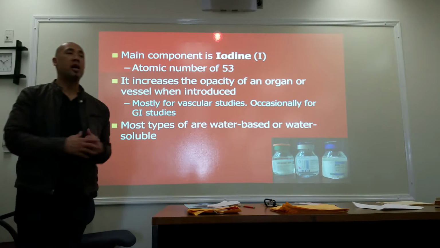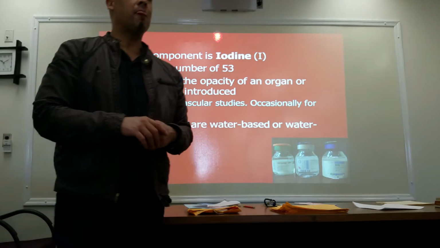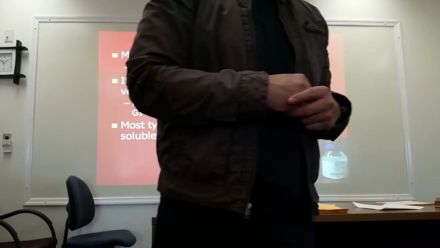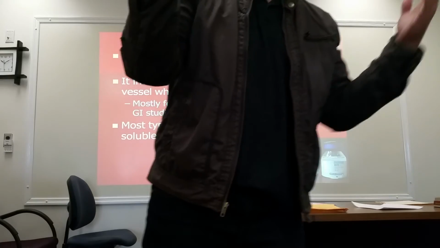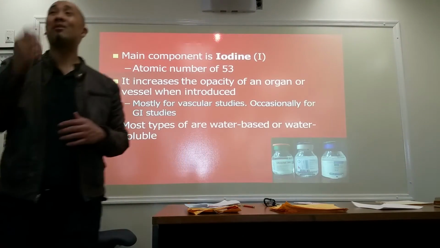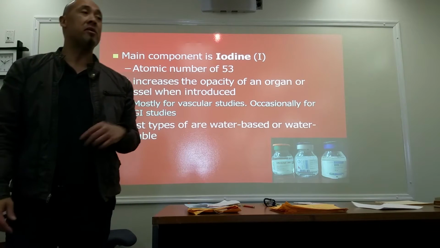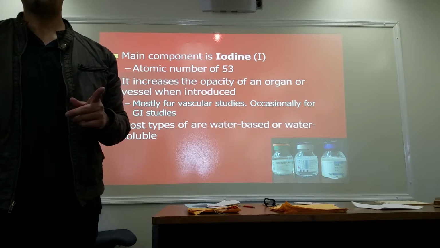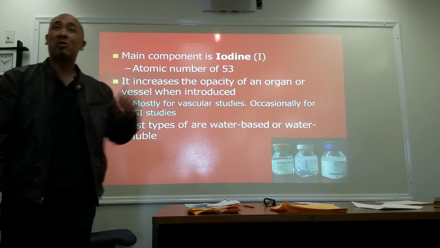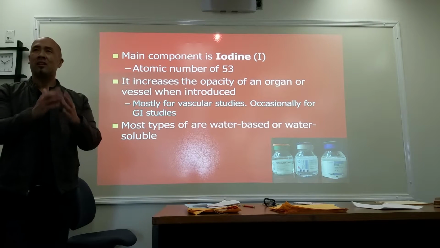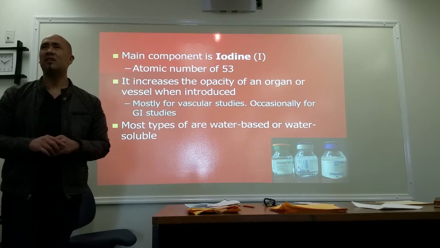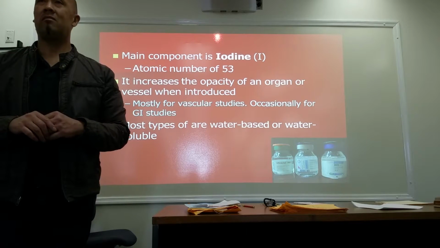So as we said with iodine, the main component of the contrast agent is iodine. It has an atomic number of 53. What was barium? 56. It's only off by 3 numbers, but it's a significant difference.